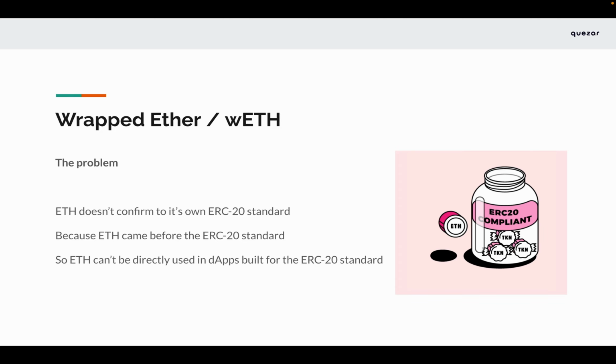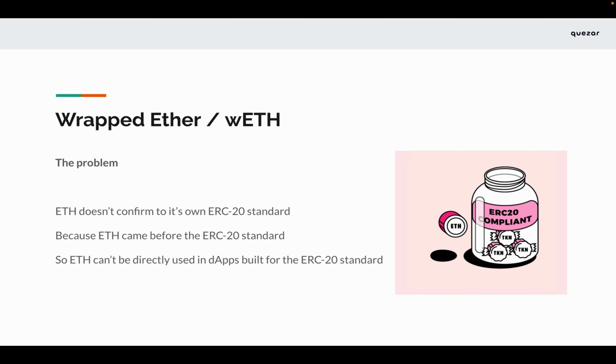So if you look at the timeline, the Ethereum network was conceptualized, designed, and launched during the period of 2013 to 2015 and '16. At that time, Ether was designed mainly as the core native currency of the Ethereum network, the purpose of which was just to serve as a medium of exchange between the network users and the network operators. It was a few years later down the road when the ERC20 token standard actually came.